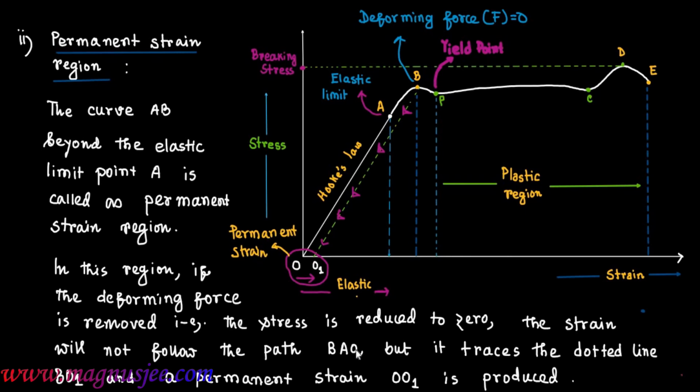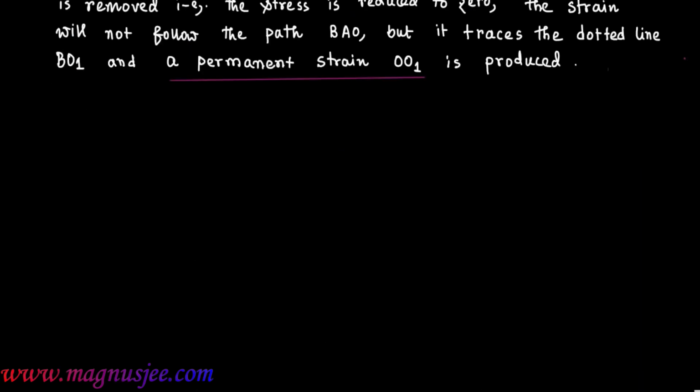Hence, OO1 is the permanent strain in the graph.